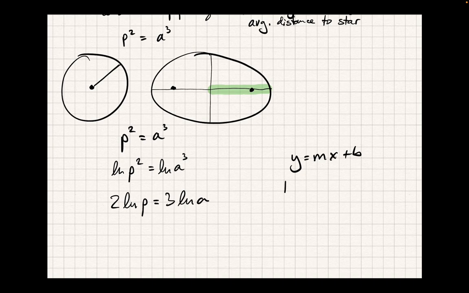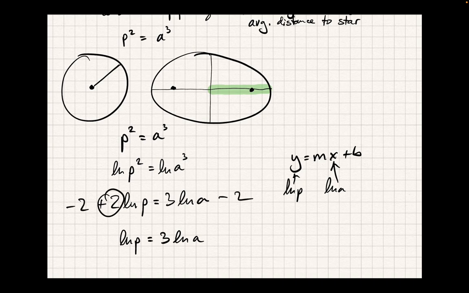So ln p serves as my y, and ln a serves as my x. It's going to be m ln a, but what is it in this case? 3 ln a, plus 2.